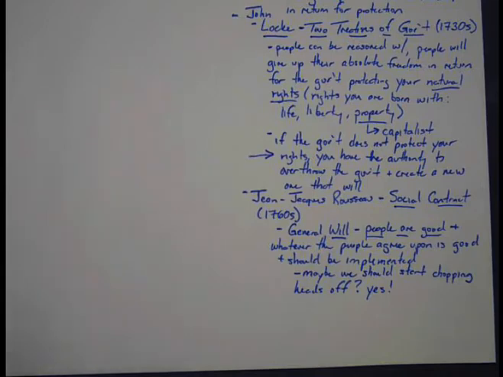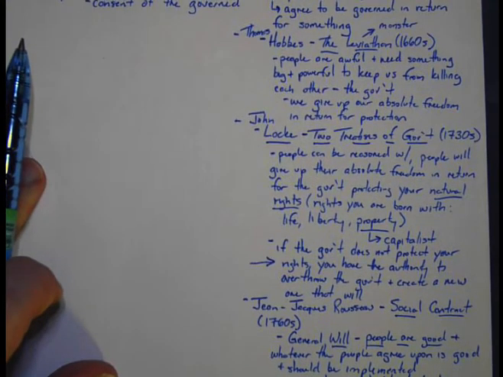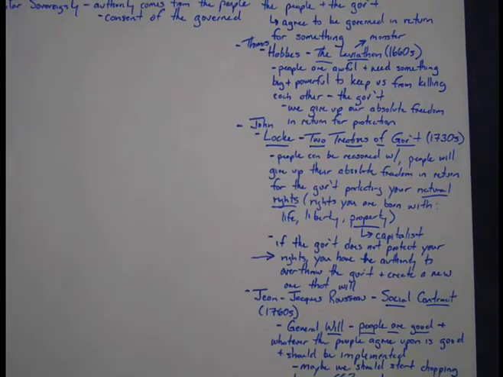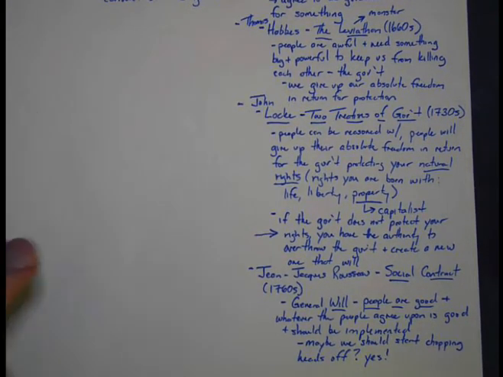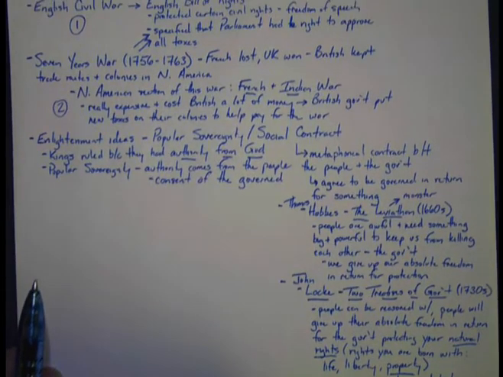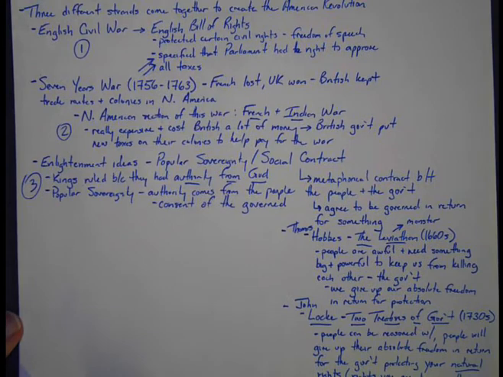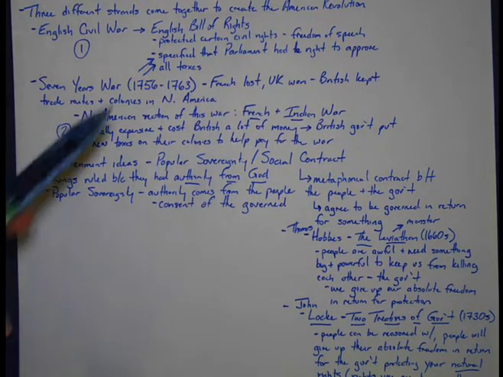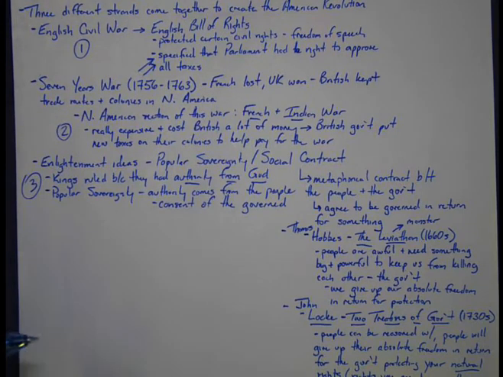All right, so we took a quick sojourn through these new Enlightenment ideas that are going to be really important for understanding the American Revolution. So just to recap where we are right now, these are our 3 threads that are coming together to understand what happens in the American Revolution. First, remember, Parliament has the right to approve all new taxes.